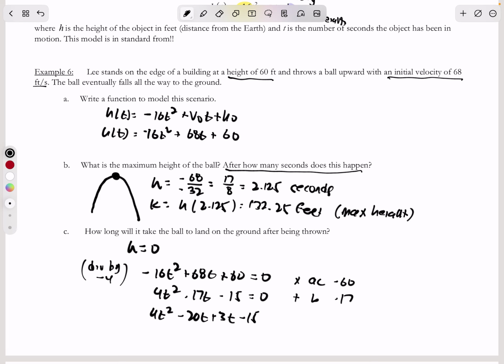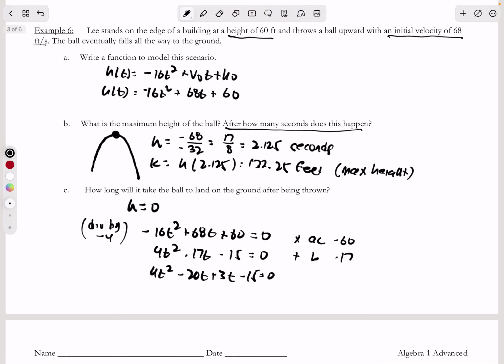So I split up my negative 17t into negative 20t and 3t. So let's do common factor of the front pair of terms and common factor of the back pair of terms. And we get t minus 5 and 4t plus 3.